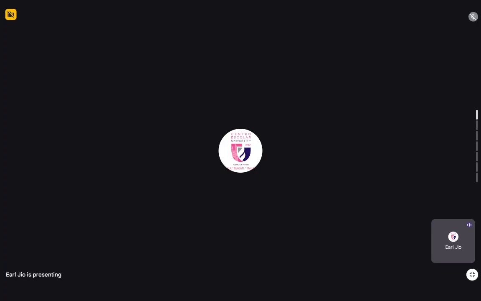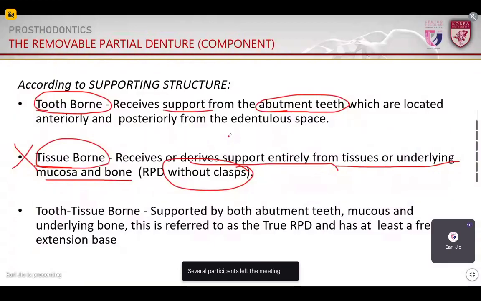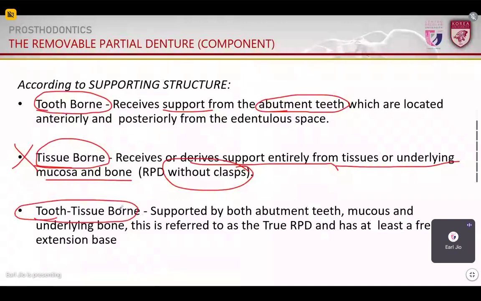The lack of retention in a tissue-borne partial denture will result in a very poor prognosis, because walang retention ang ating partial denture kahit pa immediate denture siya. Then when we say tooth-tissue borne naman, some will call it a true RPD. It is supported both by the abutment and the mucosa and underlying tissue.